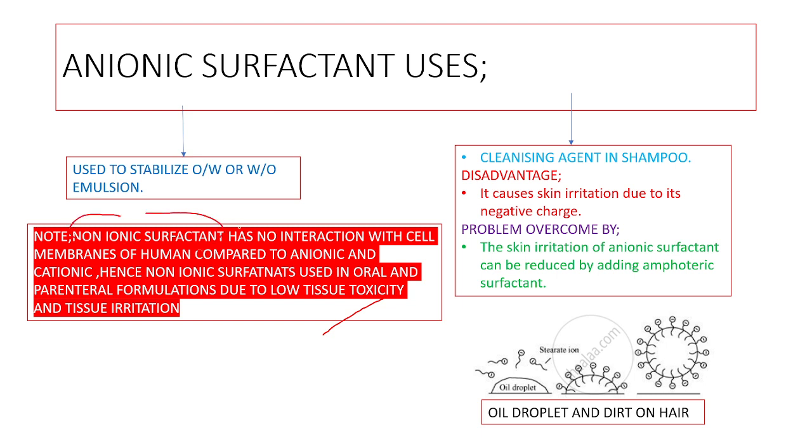Non-ionic surfactants do not have any skin irritation properties. Hence, we can use non-ionic surfactants in oral formulations and parenteral formulations. If you want to formulate oral tablets and parenteral forms, we can use non-ionic surfactants, but we cannot use cationic and anionic surfactants because of their toxicity. That is the important point.